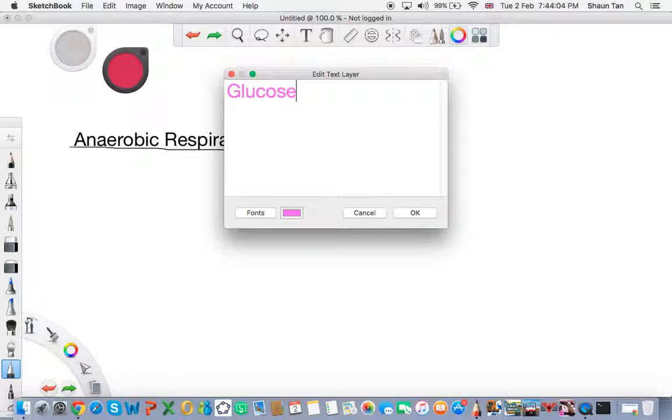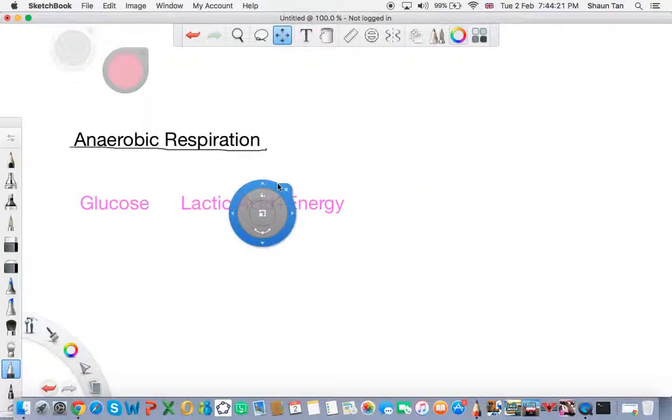gives lactic acid plus energy. So this is the formula for anaerobic respiration. Glucose gives lactic acid plus energy.